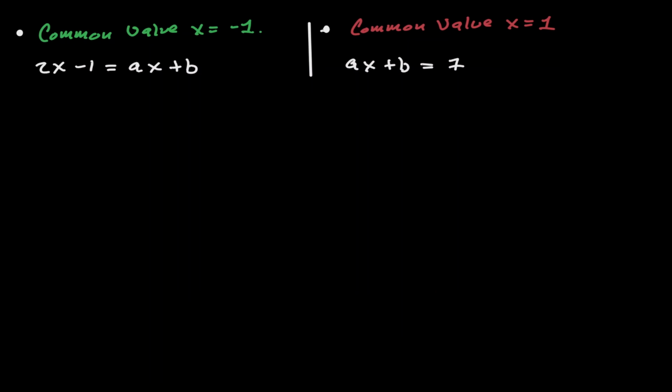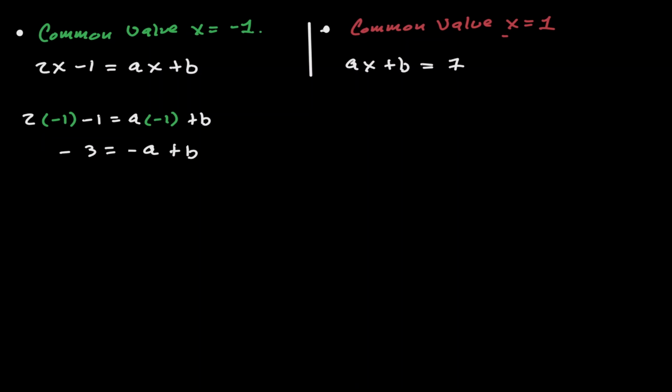Well, let's start by looking at the equation on the left, and let's substitute the x values for negative 1. That is the x value that we want our function to have. On the left-hand side, 2 times negative 1, that's negative 2, minus 1, that's negative 3. A times negative 1, that's negative a. And let's bring down the b.